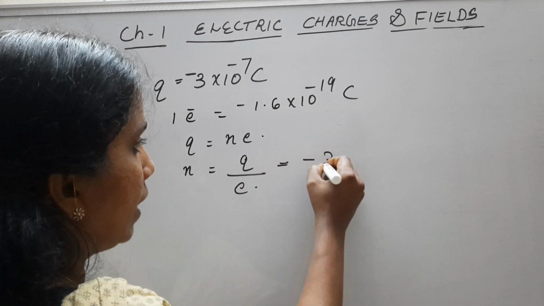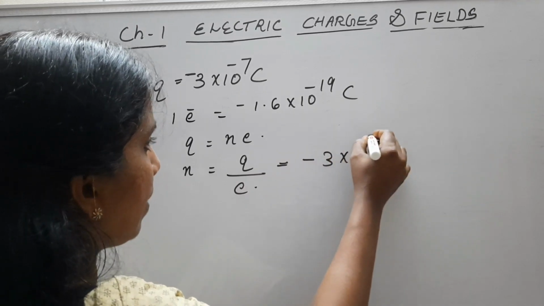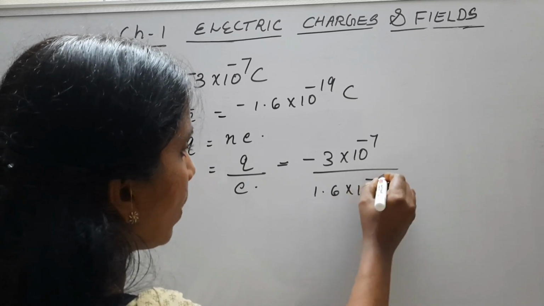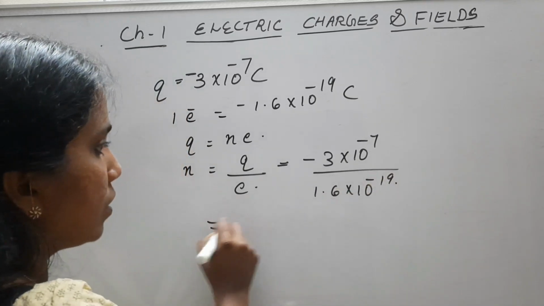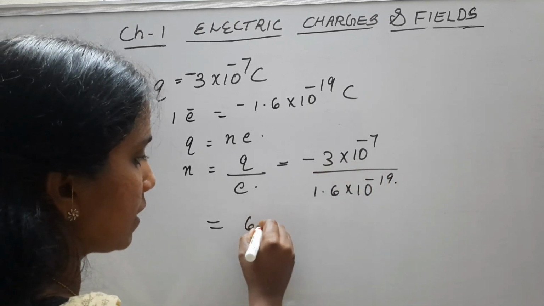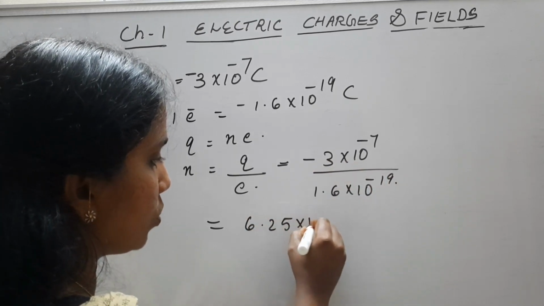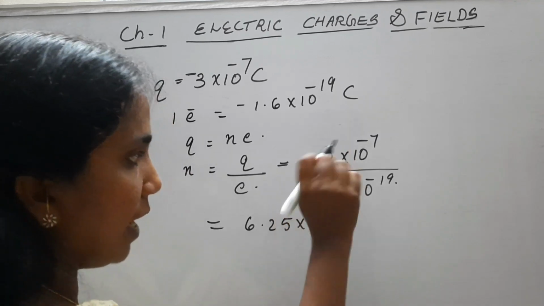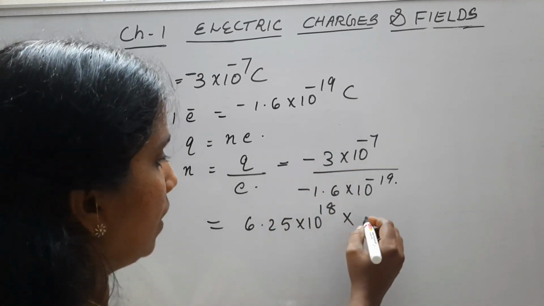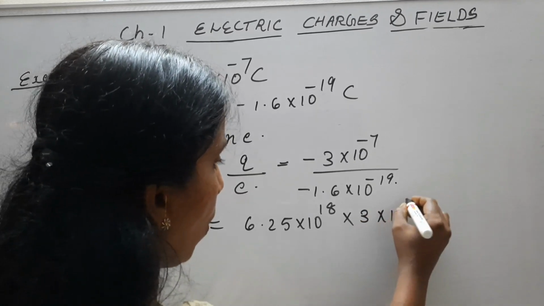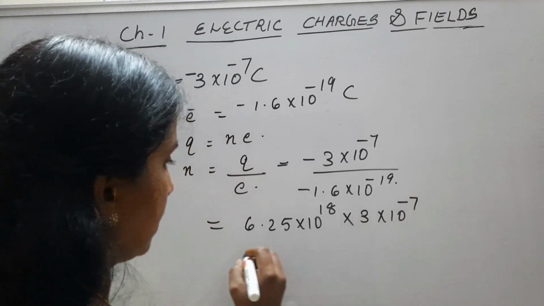So minus 3 into 10 raised to minus 7 divided by 1.6 into 10 raised to minus 19. So 1 by 1.6 into 10 raised to minus 19, we know that is 6.25 into 10 raised to 18, into. So here one negative is there, negative sign will get cancelled. That into 3 into 10 raised to minus 7.